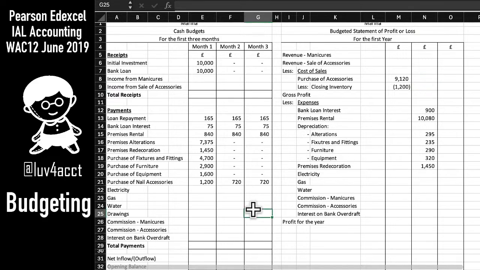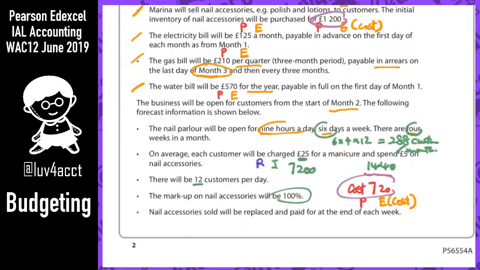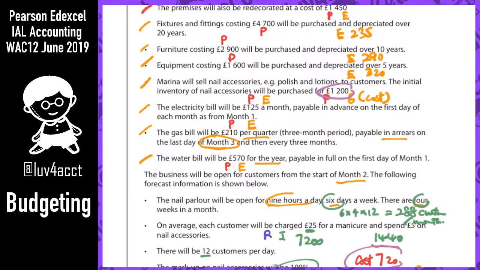So next part, after purchases, let us go back to our question. After purchases, what else? It will be our utility payment. Electricity 125 per month, and then gas bill will be per quarter.